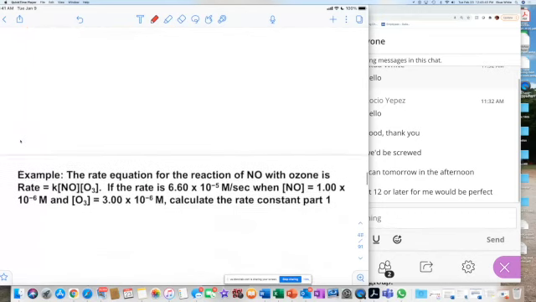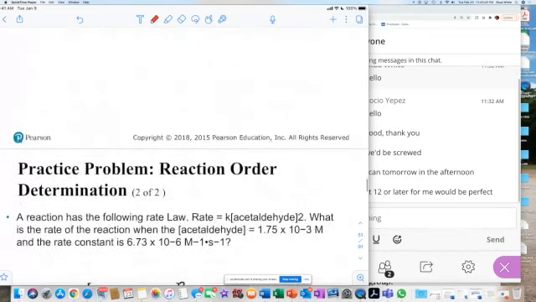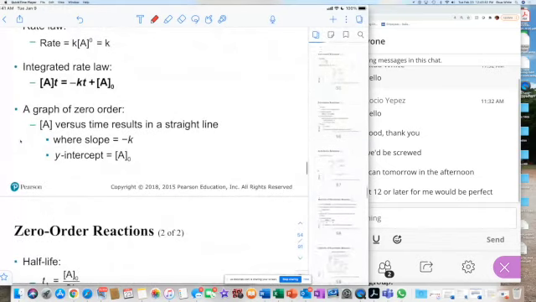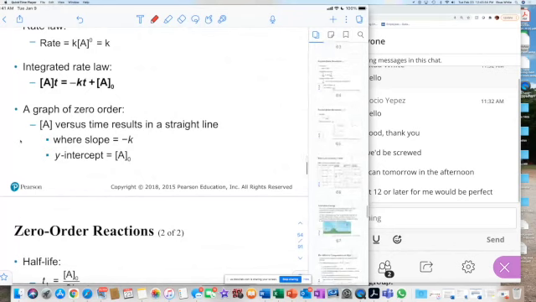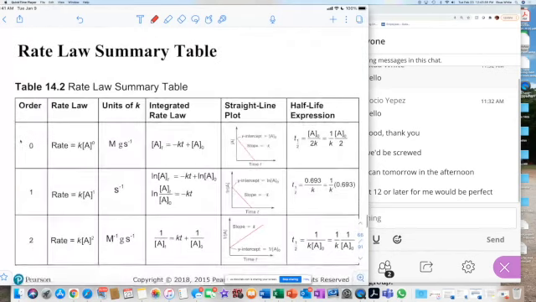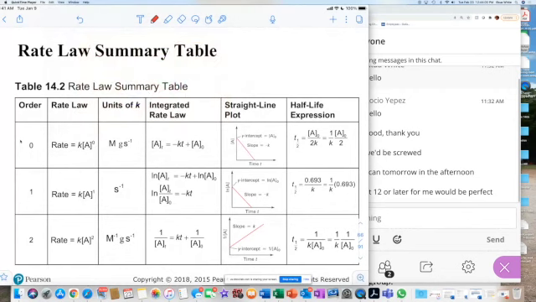At some point, we'll see a summary table, and let me just skip to that real quick. There's a summary table here. Let me see. I can scroll. And they go over all those units, and oh, there it is. We'll look at it again. But see, they have them organized by order, no pun intended. Zero order, first order, second order.